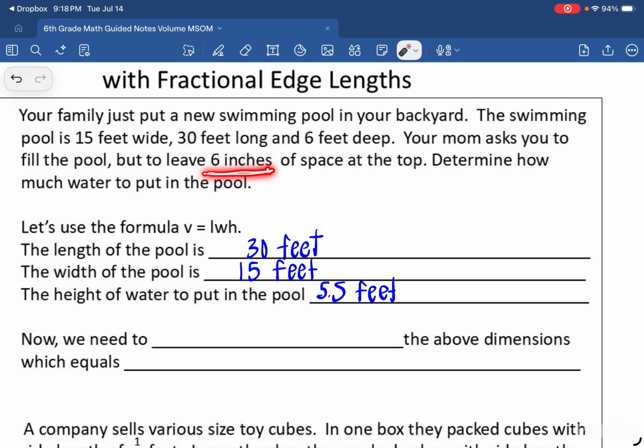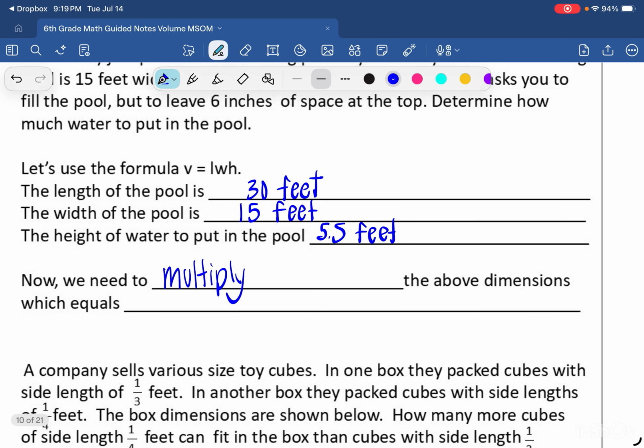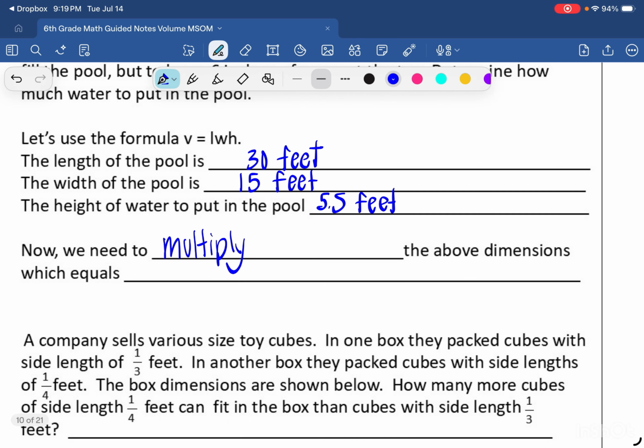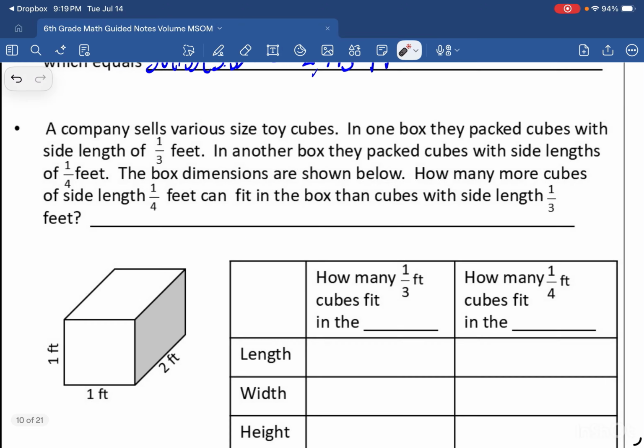So we're going to minus 1/2 a foot, and that gives us 5.5 feet. Now we need to multiply the above dimensions, so we need to multiply 30 times 15 times 5.5. I multiply all that together, I get 2,475 feet cubed.